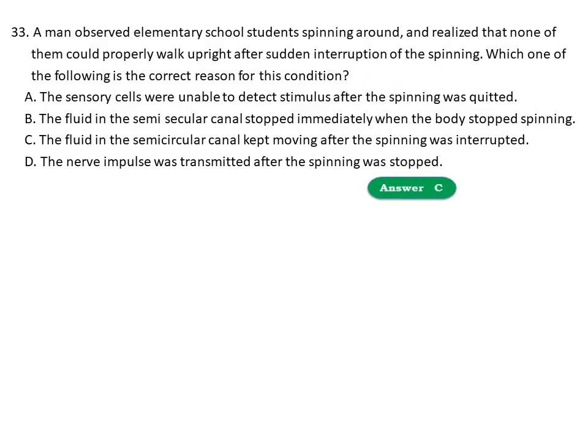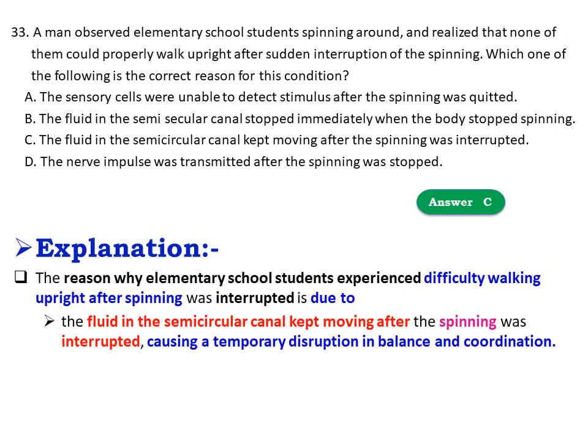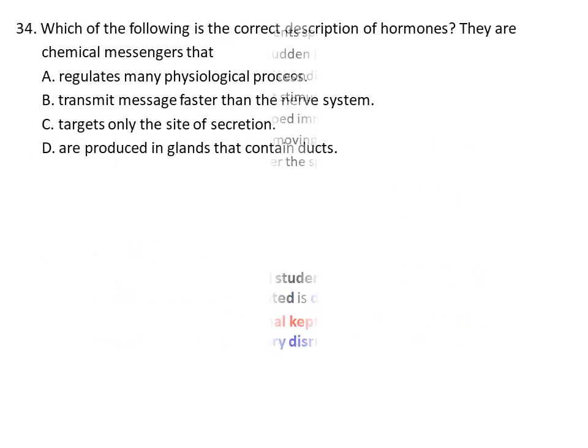So the answer should be C. The fluid in the semicircular canals kept moving after spinning was interrupted. The reason why elementary school students experienced difficulty walking upright after spinning was interrupted is that the fluid of the semicircular canals kept moving, causing temporary disruption in balance and coordination.